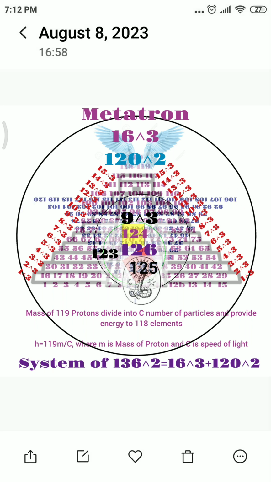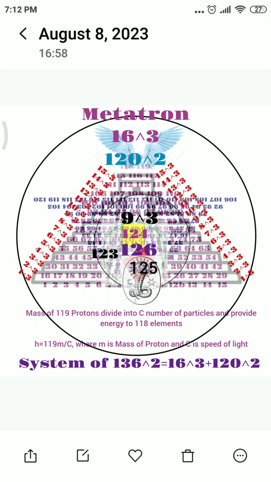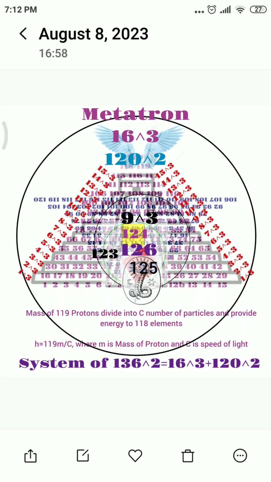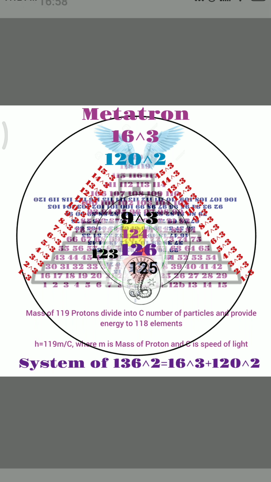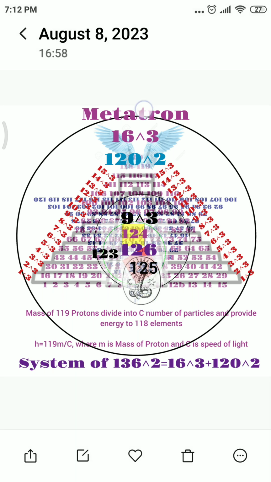The triangle whose vertex points downwards is the female component. So Metatron is basically the combination of these two triangles combined together.